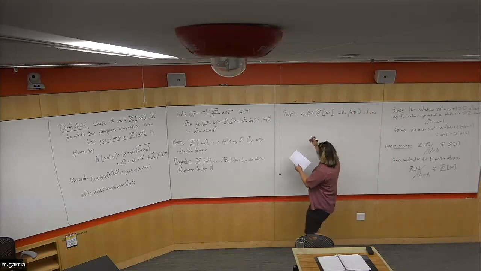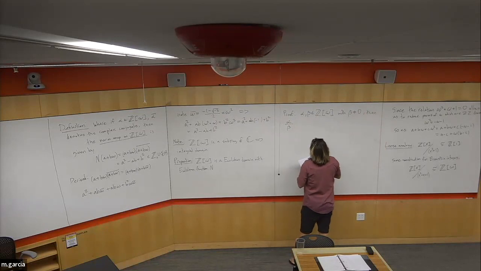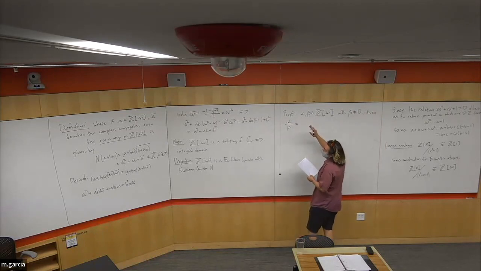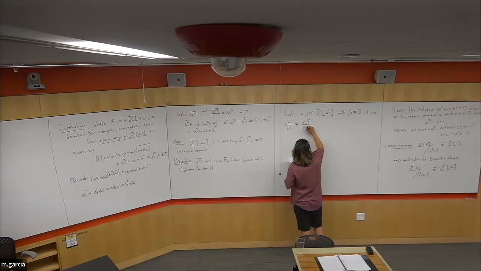Then, very similar to what we did for the Gaussian integers, we'll just take the quotient alpha divided by beta, which when we multiply by the conjugate of beta, both numerator and denominator, alpha beta bar over beta beta bar.